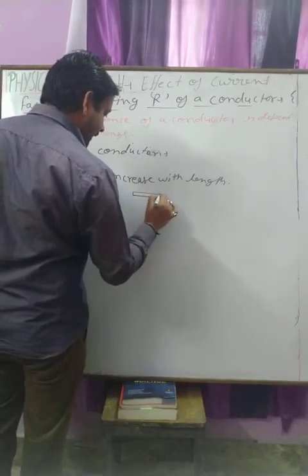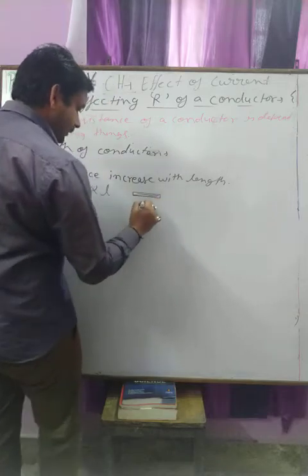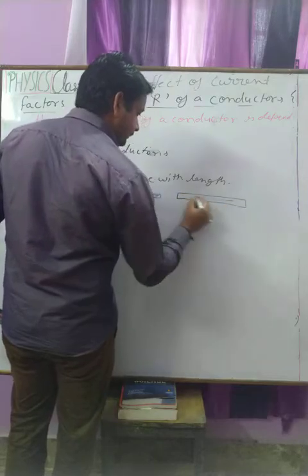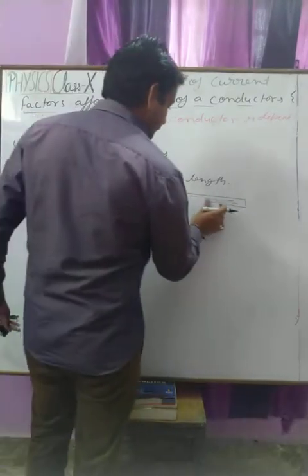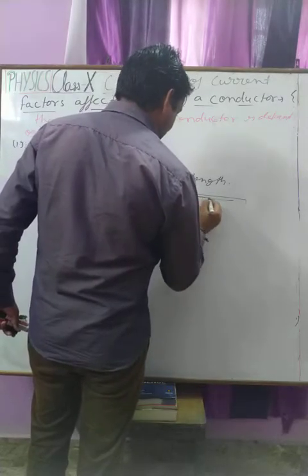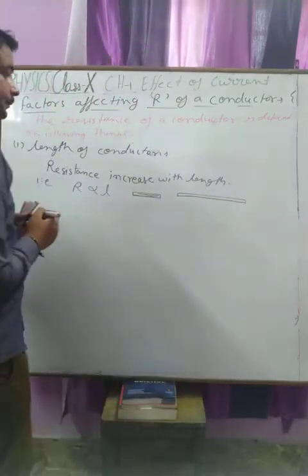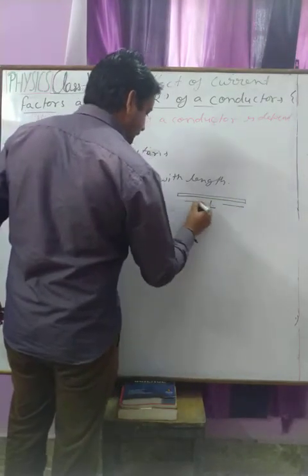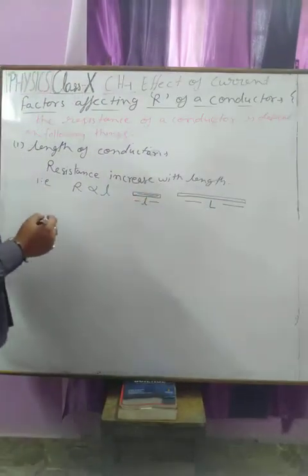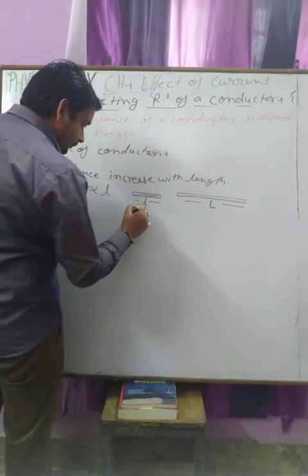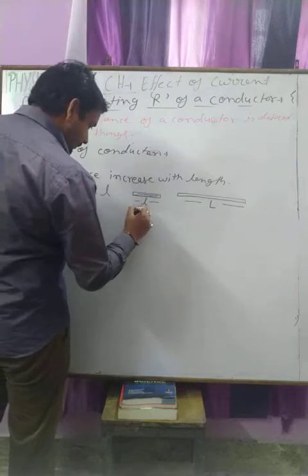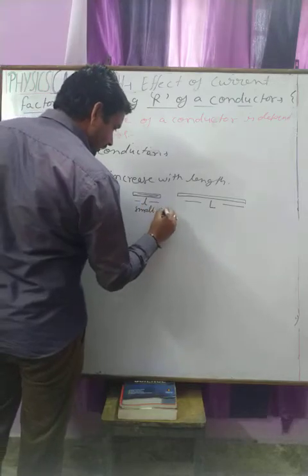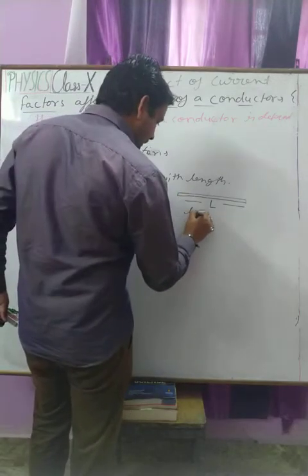Suppose we have a wire of this small length l and a wire of this large length L. Therefore this is a small resistance, and this is a large resistance.